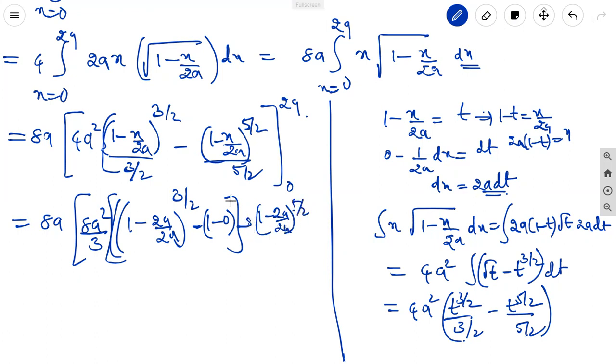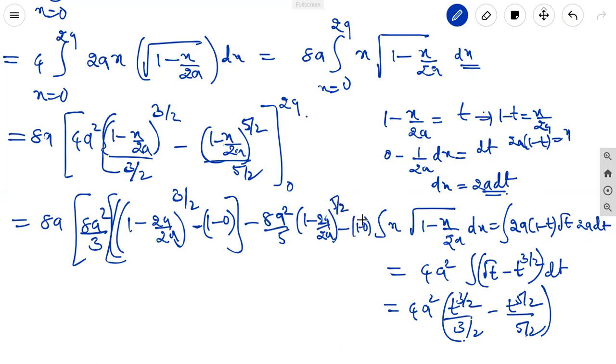It is 8a square by 5, 1 minus 2a by 2a whole power 5 by 2 minus 1 minus 0 whole power 5 by 2. Here one bracket is cancelled. It is equal to 8a into 8a square by 3.